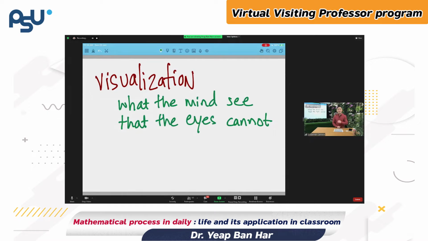Yeah, we can use diagrams in a textbook. We can give them animation using technology, or we can give them a model, a plastic model. Will the teacher use words to try to explain all the time? If you try to use words all the time, then the students may not understand it completely.